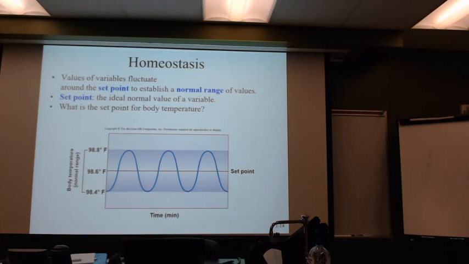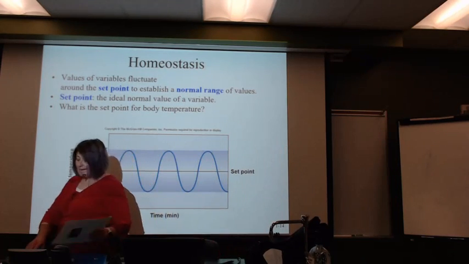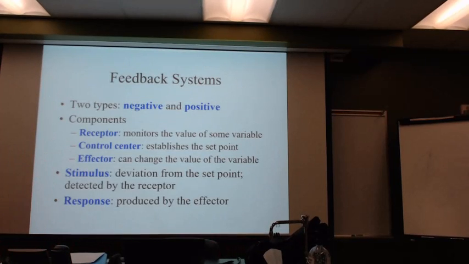And in the body, for the most part, positive feedback is bad. So being able to maintain the homeostasis of the body is going to be dependent on negative feedback.